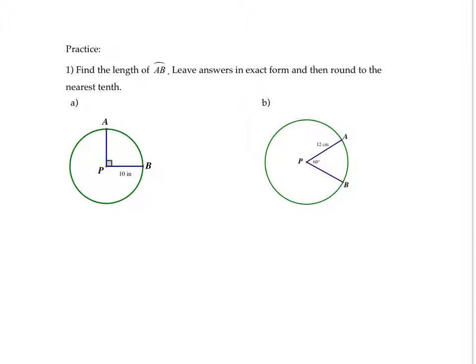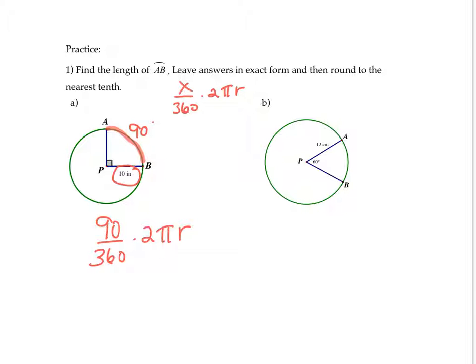In these first two examples, it says find the length of arc AB. So here's the arc. Notice that we have a central angle that's a right angle, so the measure of the arc is 90 degrees. To find the length of the arc in inches, we take our angle, 90, divide it by 360, and multiply by circumference, 2 pi r. Again, remember that arc length is angle measure divided by 360 times 2 pi r.